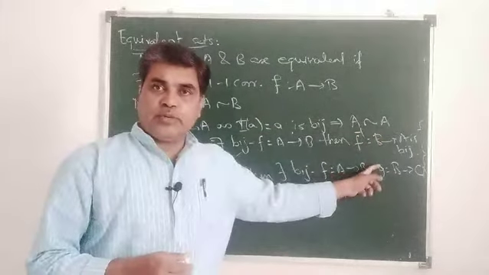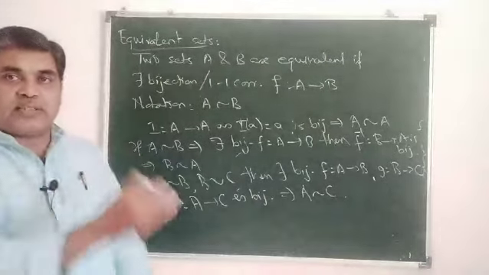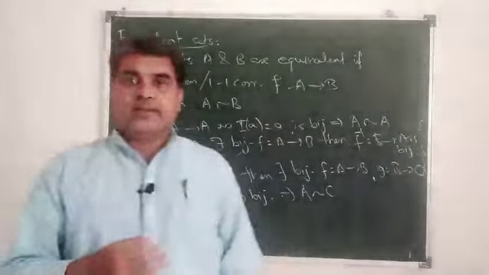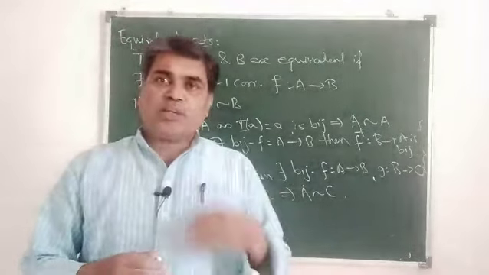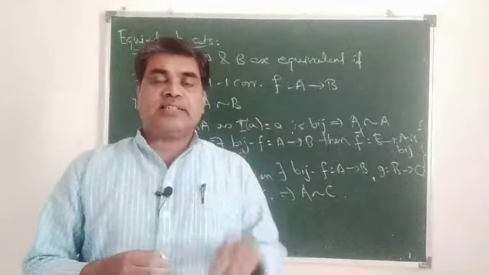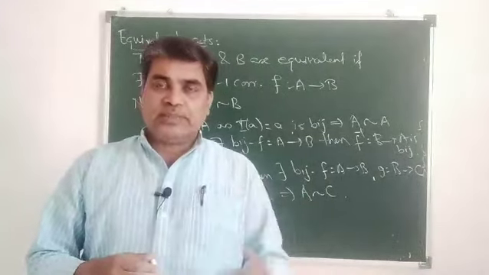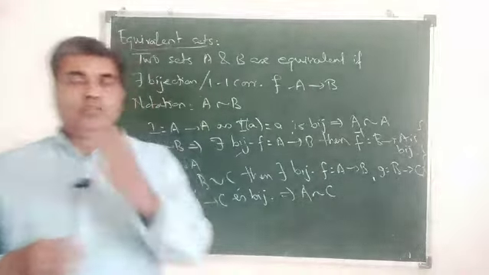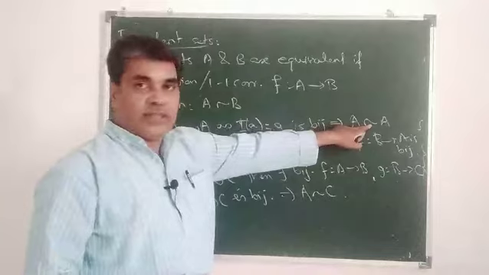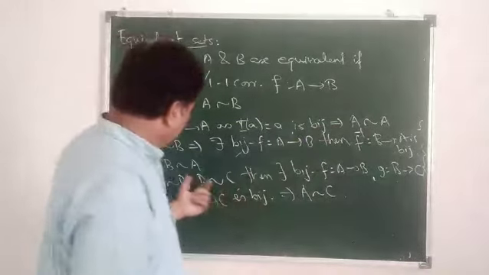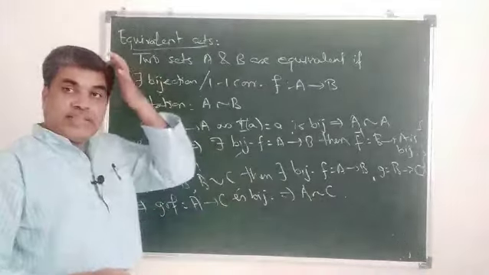If A is equivalent to B, then B must be equivalent to A. If I have three sets such that A is equivalent to B, B equivalent to C, then A is also equivalent to C. This means the relation of equivalent sets defined on a collection of sets is an equivalence relation. A relation which is reflexive, symmetric, and transitive is known as an equivalence relation. So this is for reflexivity, this is for symmetry, and this condition is for transitivity.